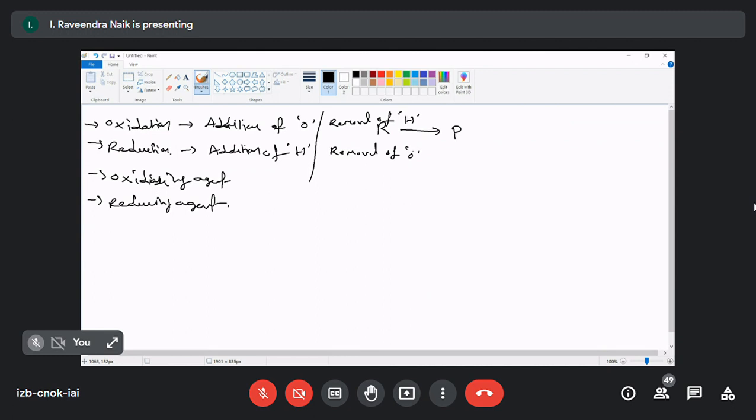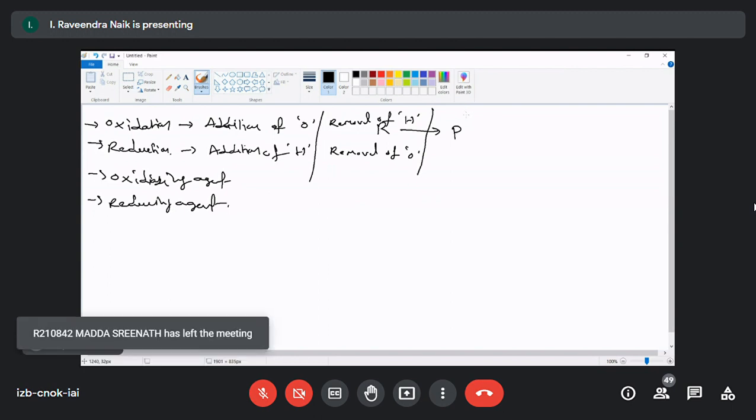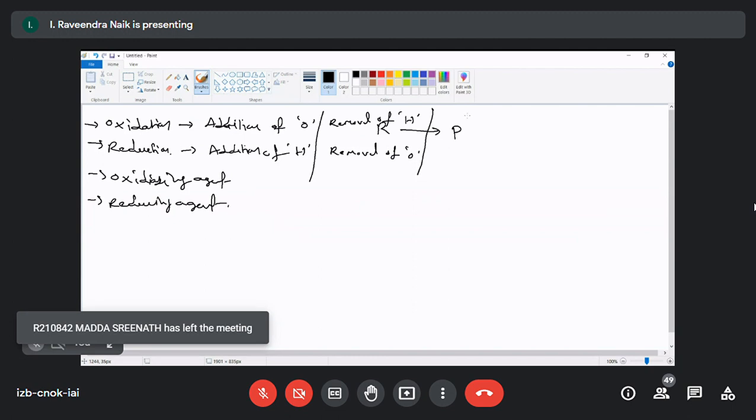Generally we observe this according to the equation, but if we use a balanced equation, according to electrons we observe which undergoes oxidation and which undergoes reduction.